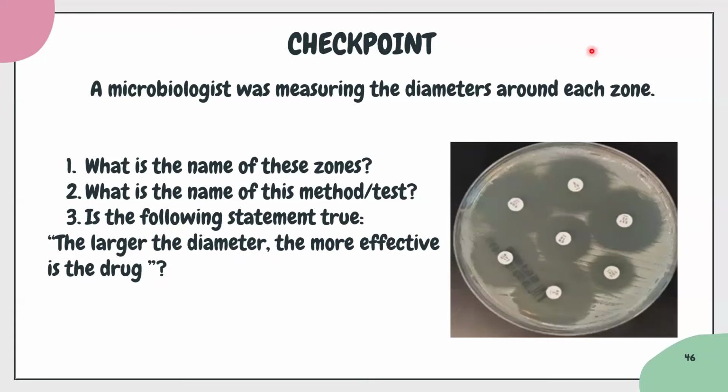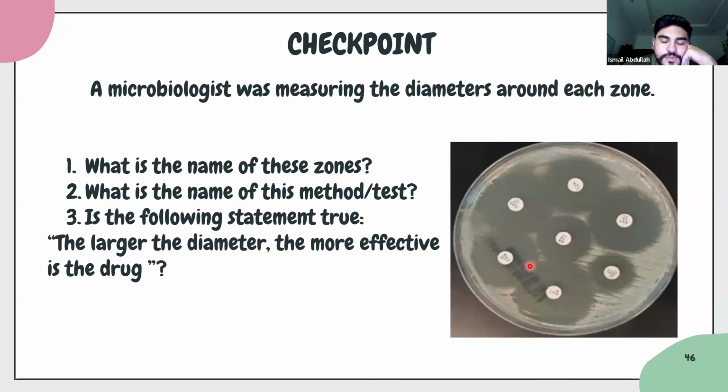Let's say I use a specific concentration, for example this one, and it had to kill all of these. Don't you think the larger the diameter, the more effective is the drug? Like it's killing more. In some way, it's not true.